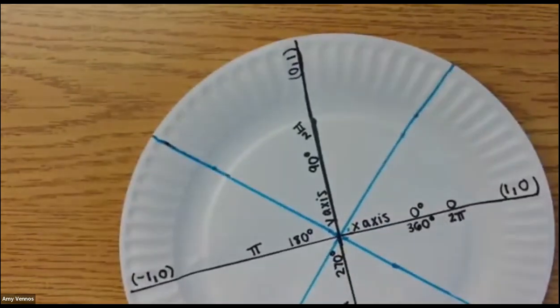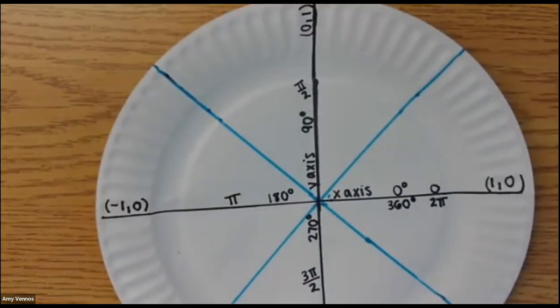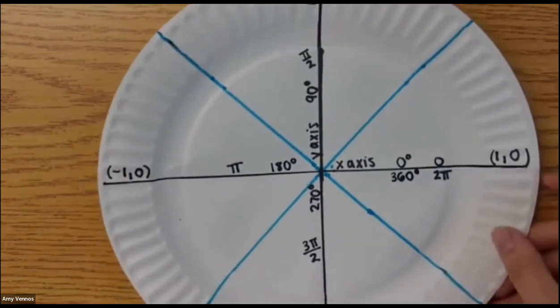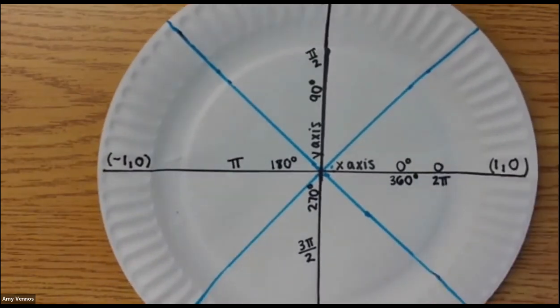So basically what we have is a unit circle with our 45-degree angles marked. I think we'll do the angles first, and then we'll talk about the points.